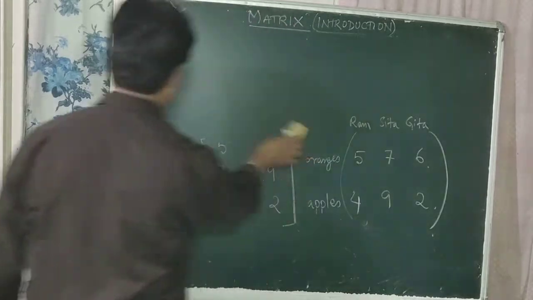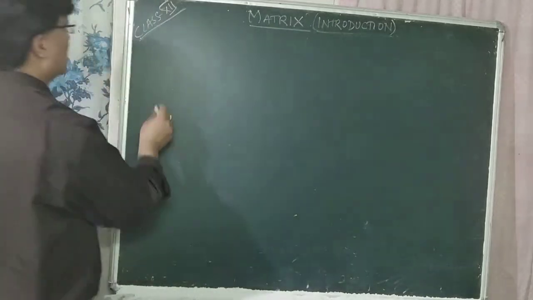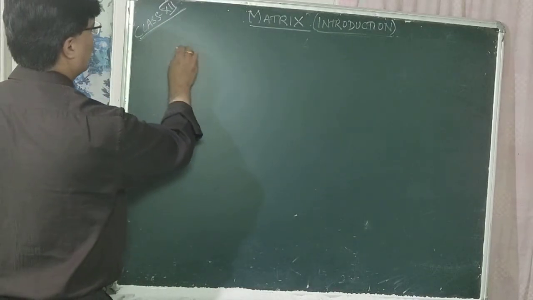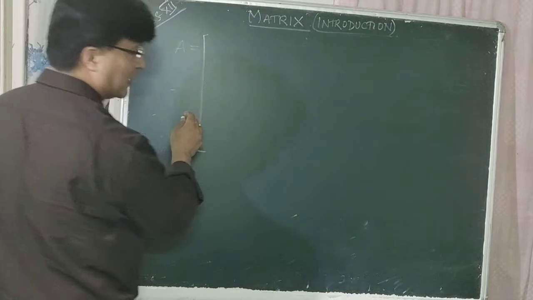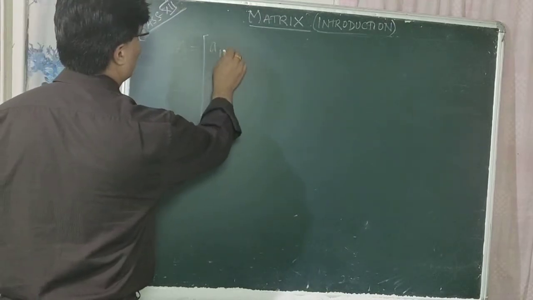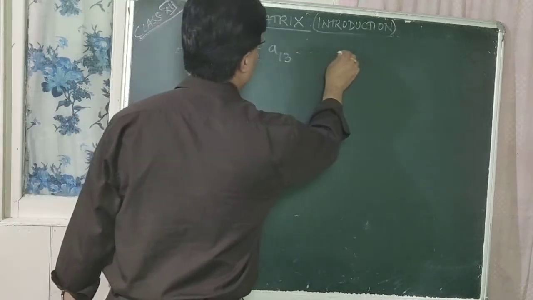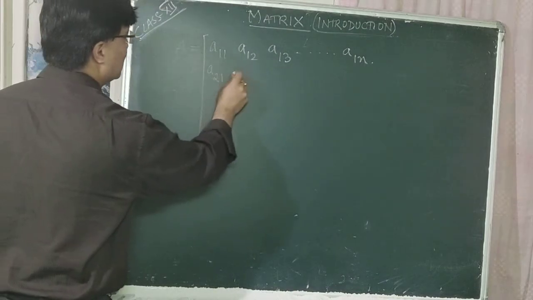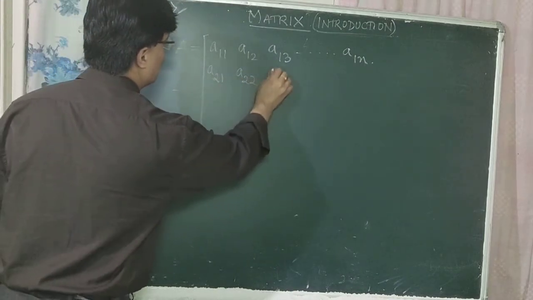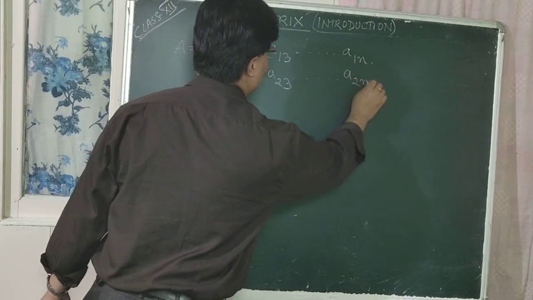So let us write down a matrix in a general way. Suppose the given matrix is A. A is equal to, let us write it within square brackets. So this is A11, A12, A13, dot dot dot, A1n, right? So this is A21, A22, A23, dot dot dot, A2n.